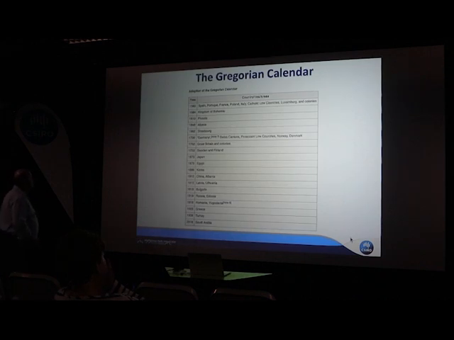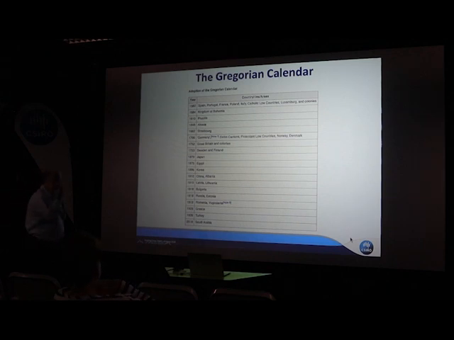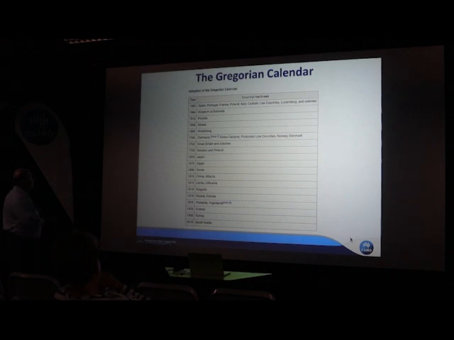Okay. And so the calendar was adopted in 1582 by all the Catholic countries of Europe. Because remember, this was after the Reformation, so not all the countries had allegiance to the Pope. And then over the years, more and more countries joined.